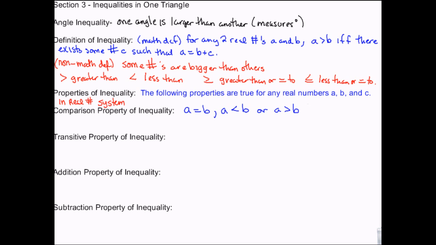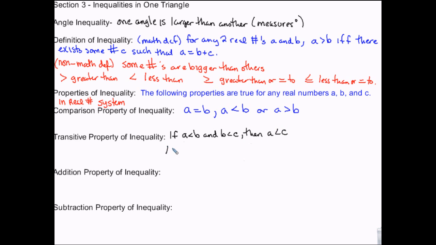Okay. Then you have the transitive property of inequality, which is the same kind of idea as the transitive property of equality or congruency. You have if A is less than B and B is less than C, then A is less than C. Okay.